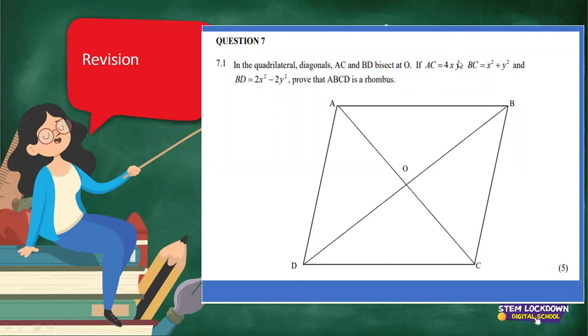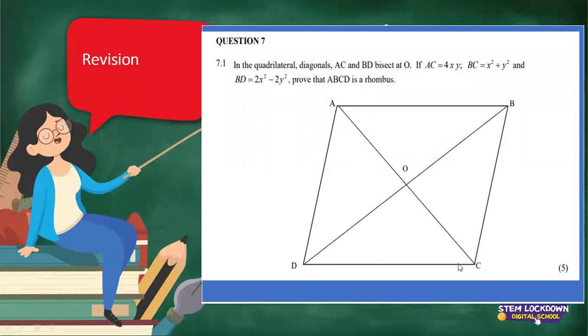How do we get it? We divide 4xy by 2, because AC is 4xy. Bisects means you divide it into 2 equal halves. So this one will be 2xy, this also 2xy. So OC is 2xy.